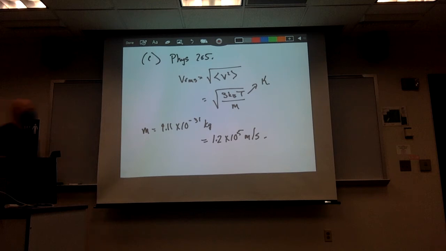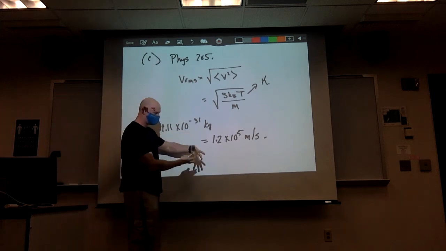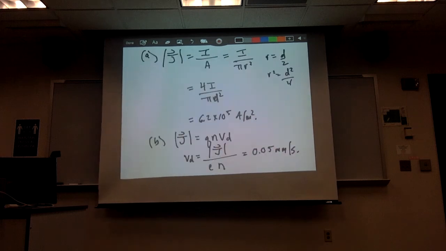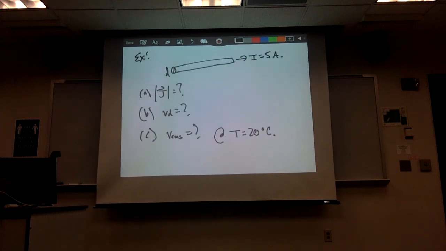So what does this say? If we look at the electrons inside this wire, it's full of electrons, but each one is moving around in some random direction at the RMS velocity, about 1.2 times 10 to the 5th meters per second.